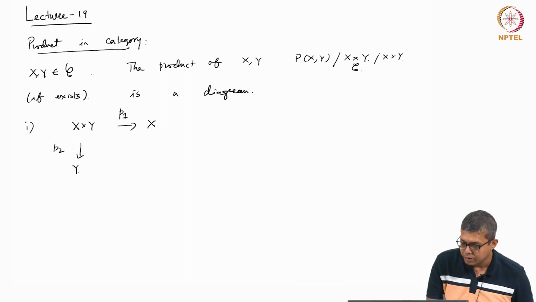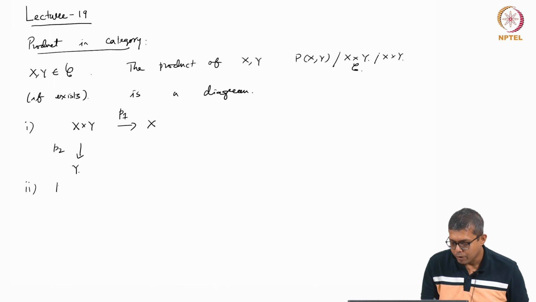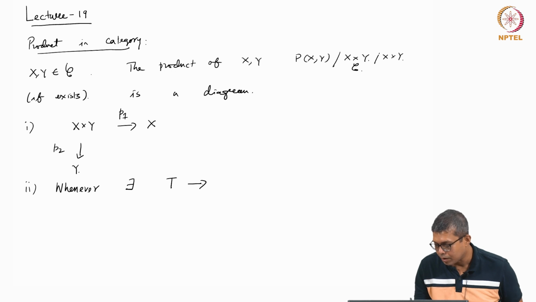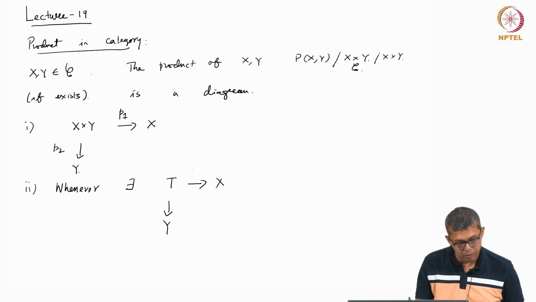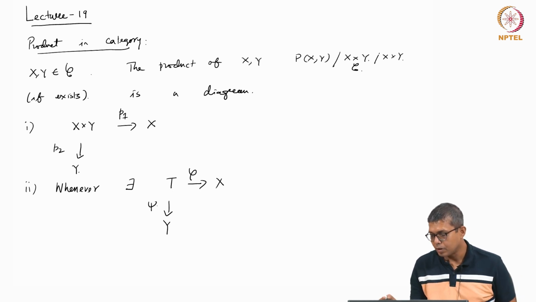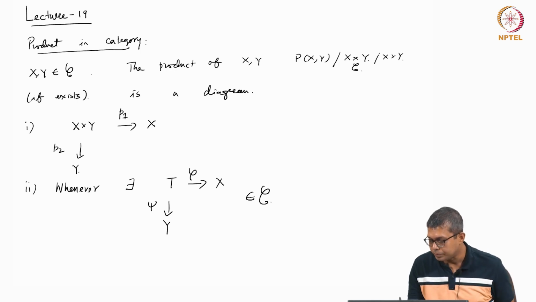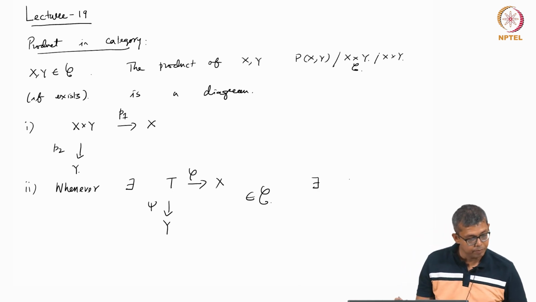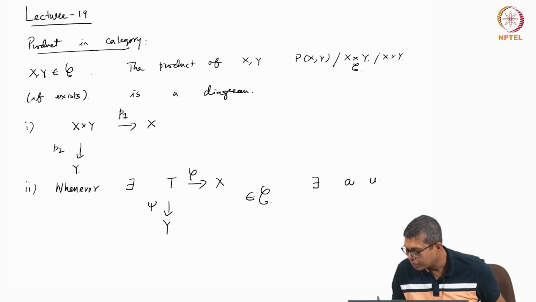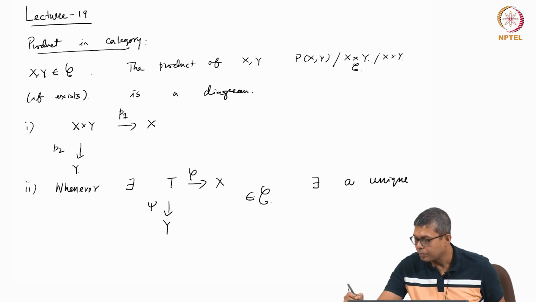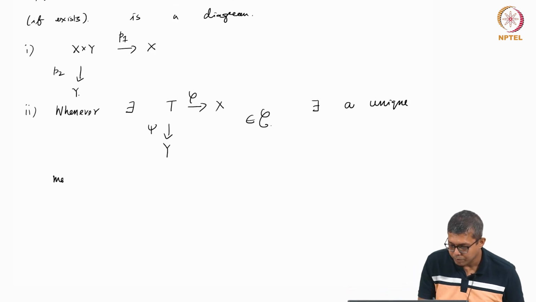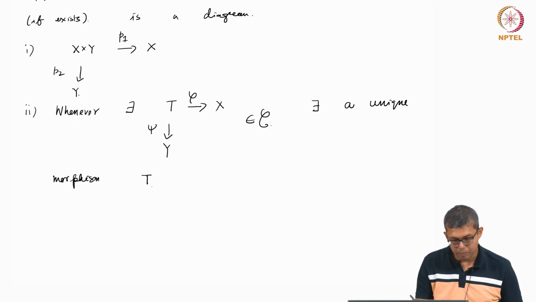It has this universal property: whenever there exist maps from T to X and from T to Y, say phi and psi in C, whenever you have such a diagram, there exists a unique morphism h from T to the product.